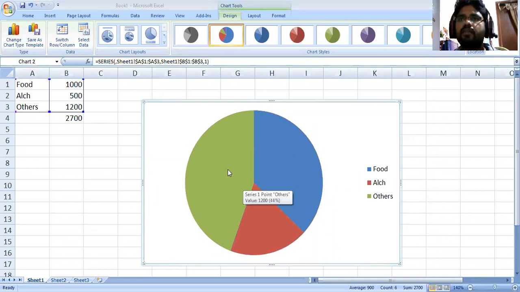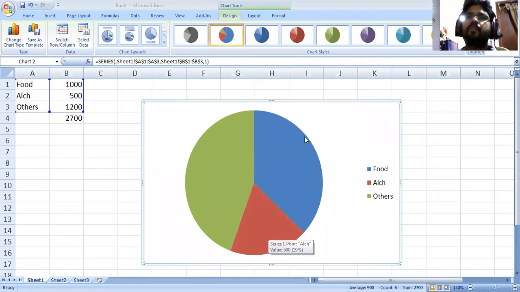If you click here, 44%, you are spending 44% of your expenditure on other activities, and you are spending 19% of your expenditure on alcohol. This is nothing but how you have allocated your expenditure to the different activities. Is it clear now?